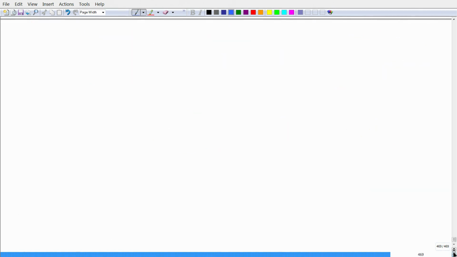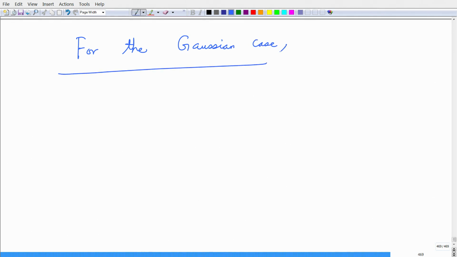There is a more familiar example which is based on the Gaussian case. For the Gaussian case, we can have Green's function over these weighted norm of data points, and this can be written in the form exponential.